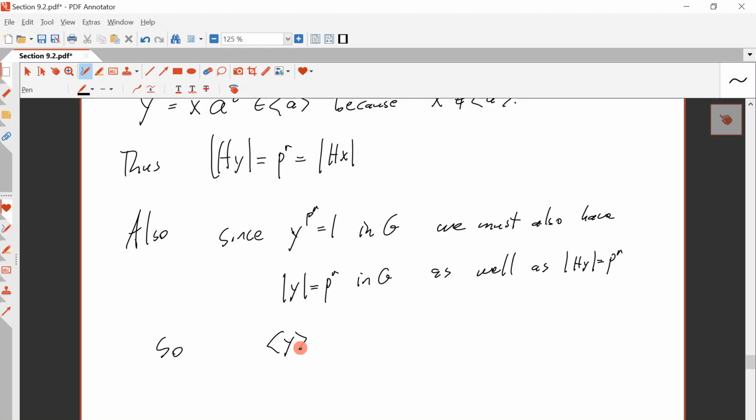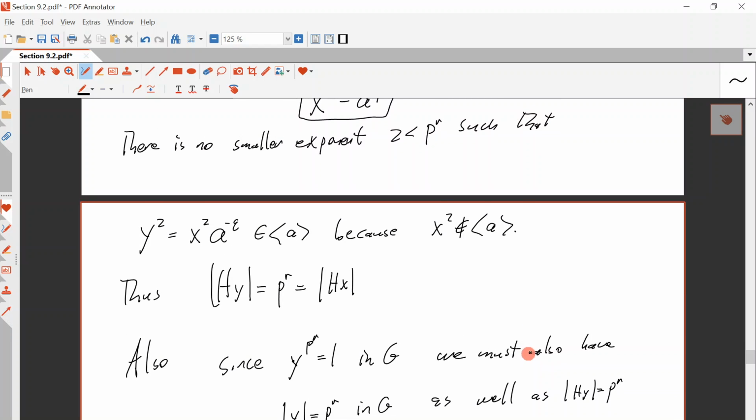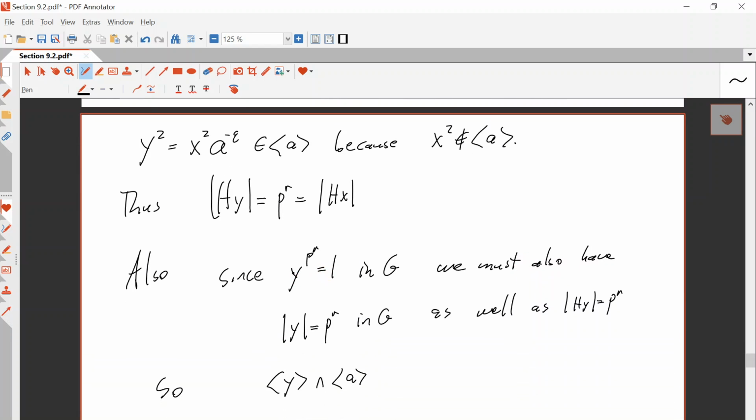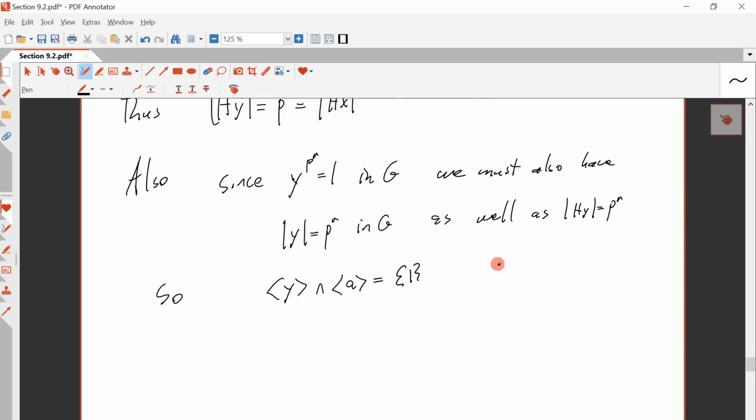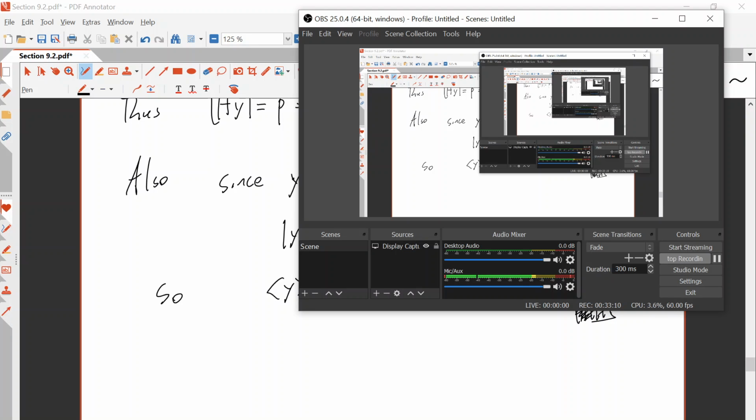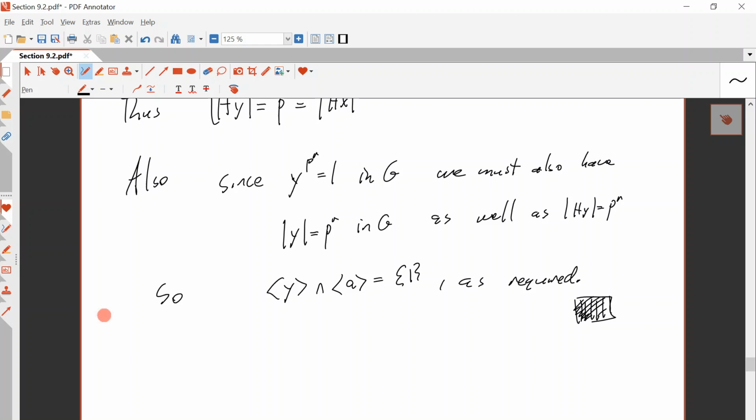So the smallest exponent of y that intersects the subgroup generated by a is p to the r, but y to the p to the r is 1. So this intersection is just 1. Right? And that's that. So you fix the generators for G mod H, and then you get generators for G as well.